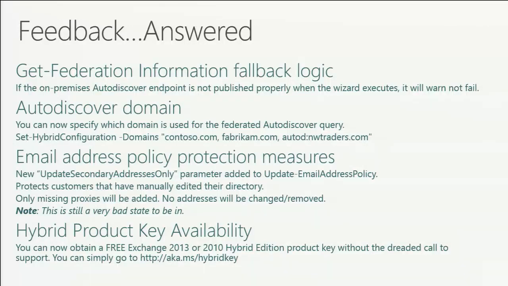We put the value as autodiscover dot your on-prem domain slash the SVC endpoint which you need to have. And we clearly say that in the warning I showed you in the video: that we could not reach your on-premises endpoint, but this is the value we think you should have, and we have already configured it for you. You can go back to your autodiscover settings and publish the endpoint correctly. The second piece of feedback was: I have lots of accepted domains, and I selected all of them, and I have no control over which one you will pick for the autodiscover endpoint.